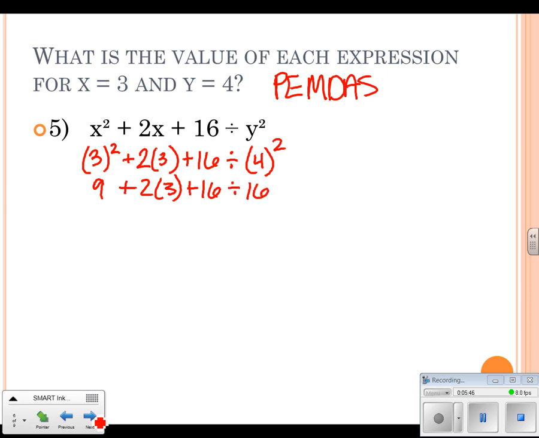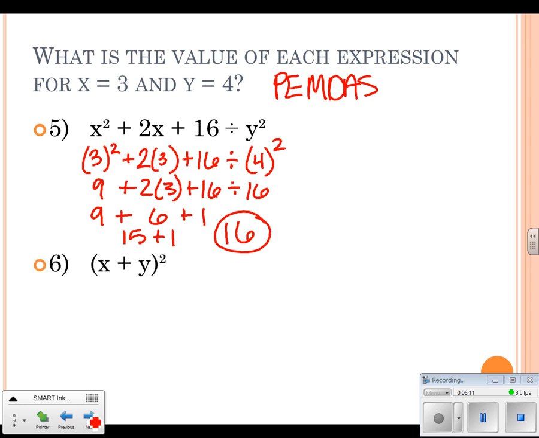Then we're going to multiply and divide from left to right. We see we have 2 times 3, and 16 divided by 16 is 1. And then we have addition and subtraction from left to right. So we have 15 plus 1, and so that's going to give us 16, and that would be simplified.